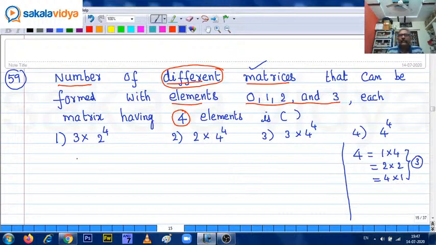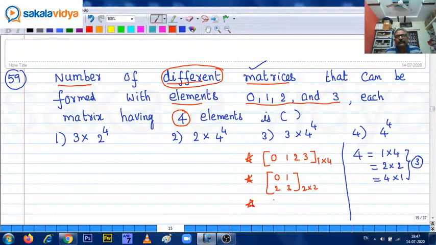So for example, say 1 by 4. The first type will be like this: 0, 1, 2, 3, four places. This is 1 by 4. Next we can form 2 by 2: 0, 1, 2, 3. This is 2 by 2. This is the example I am considering.